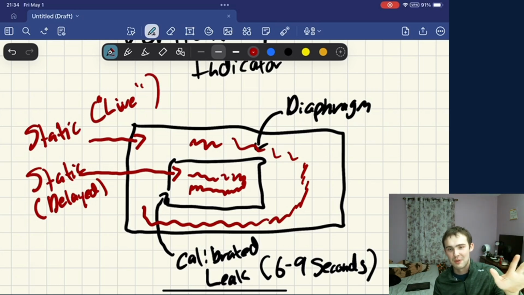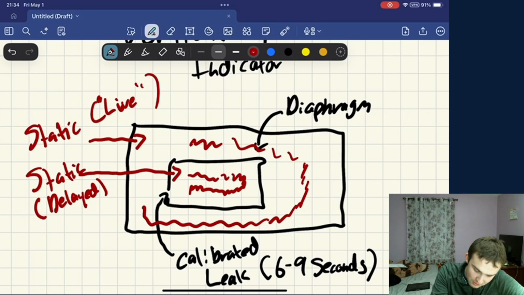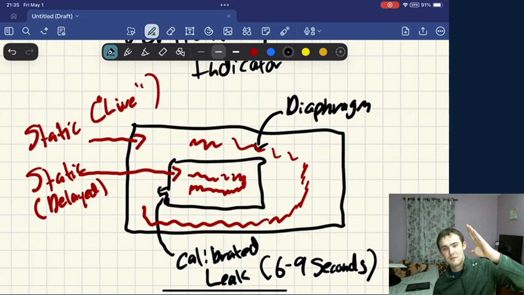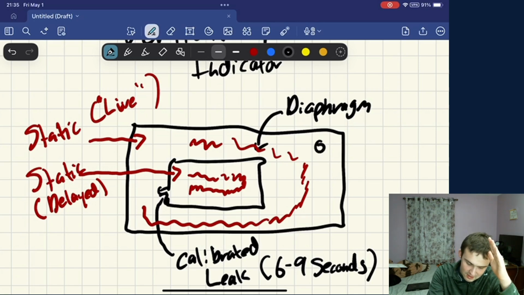Super duper simple. All that's happening is air is leaking out of the diaphragm 6 to 9 seconds after it went in, versus static air on the outside of the casing being live. And what that's doing is, let's just say if we're climbing, the air on the outside is going to be a higher pressure than the air on the inside.